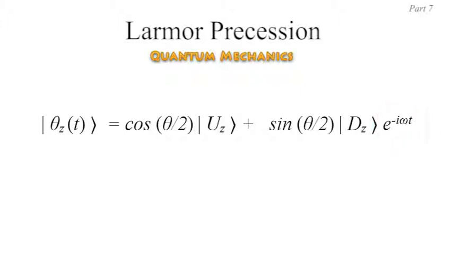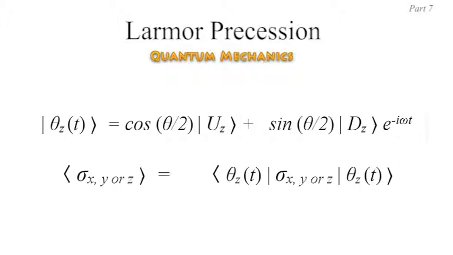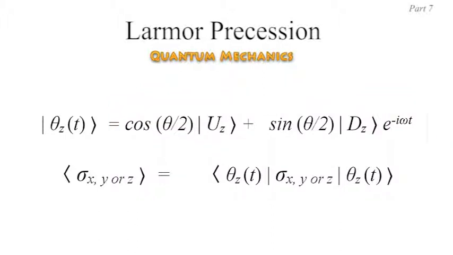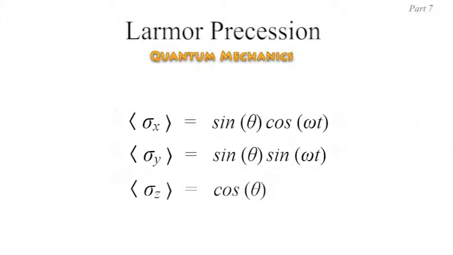Then we took this time-dependent state and used the standard formula from quantum mechanics to find the expectation value, or the average value, of each of the three operators, sigma x, sigma y, and sigma z. This meant sandwiching each of the three sigma operators one at a time between the bra and ket form of the time-dependent state, and evaluating things in the usual way. And the final results were these.